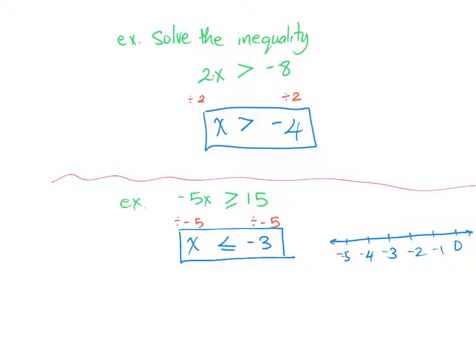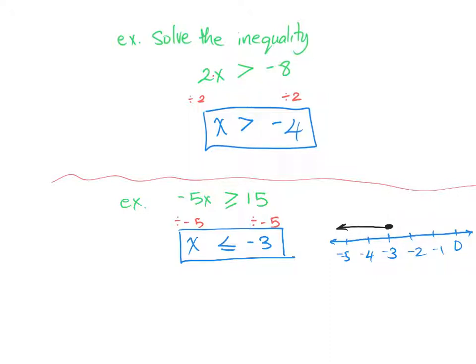In order to say that the point -3 is included, we draw a shaded dot. So that's telling us that -3 is an included point, and x is everything less than or equal to that point. So less than means that the values go to the left. And that's how you graph the solution of your inequality.